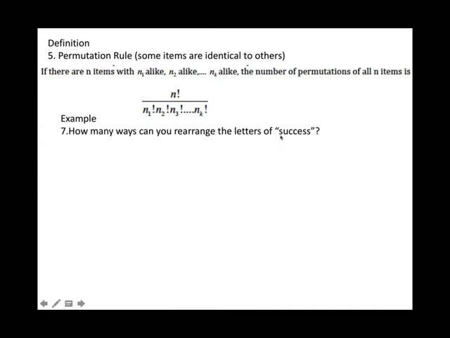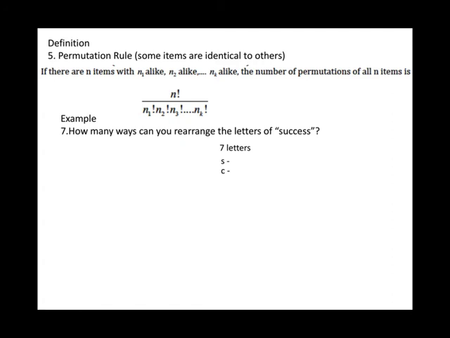First, you're gonna count how many letters we have in here. We have 1, 2, 3, 4, 5, 6, 7. So we have 7 letters here. Now look at it. Which letters are repeated? We have S and C. So count them. How many S do you have and how many C do you have?